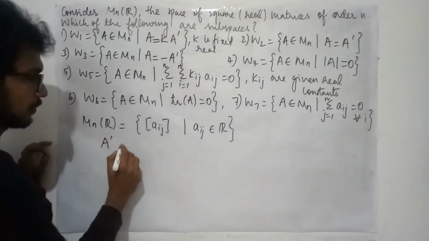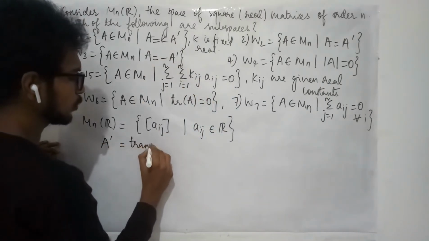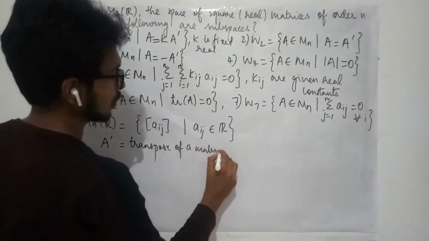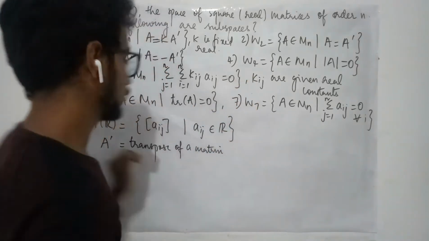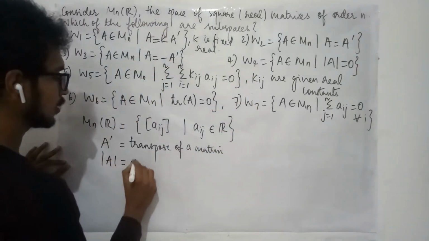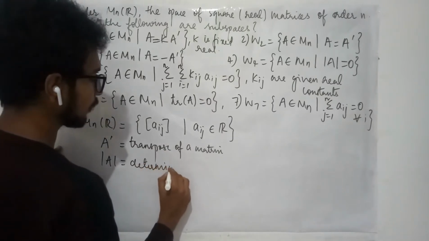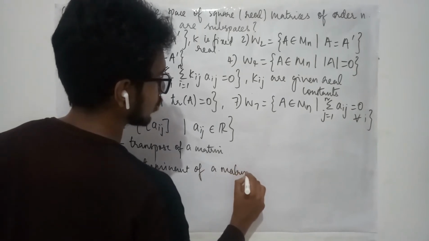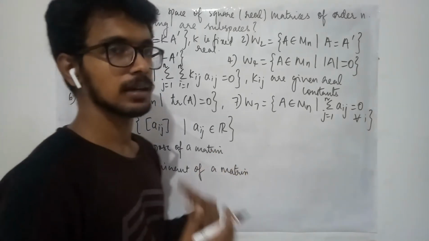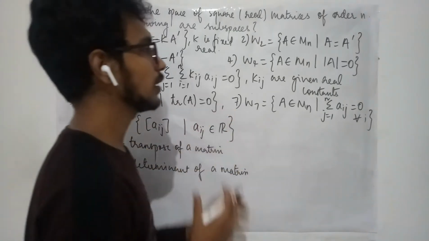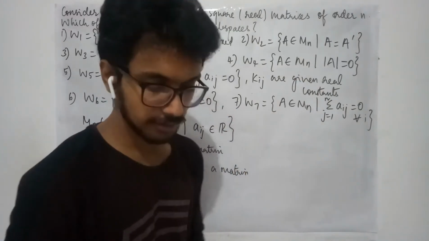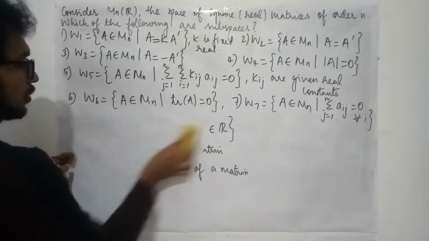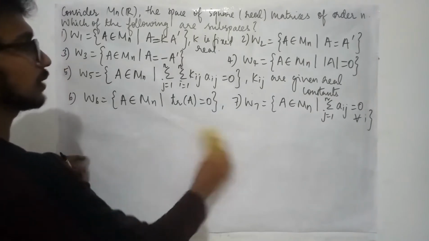This A prime denotes the transpose of a matrix, and this denotes the determinant of a matrix. I assume that you have studied finding the transpose and the determinant in schooling itself, right?